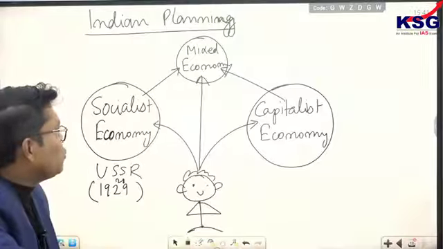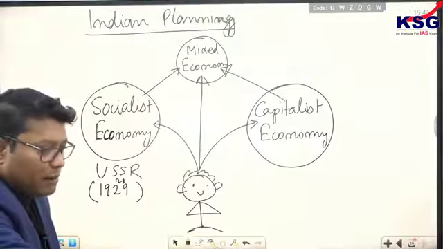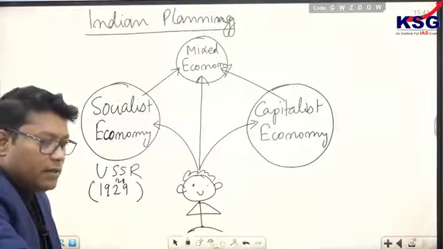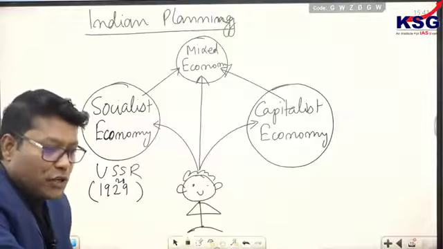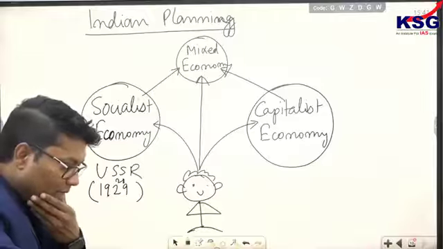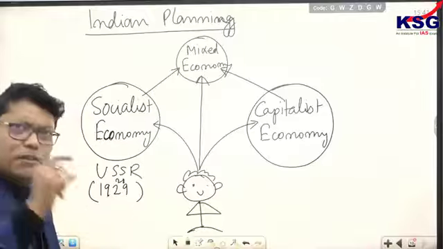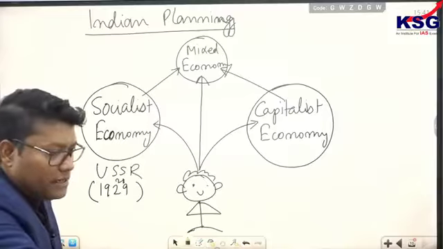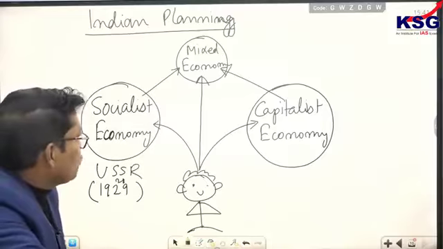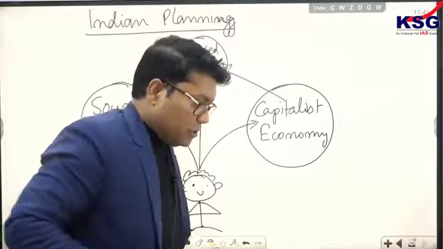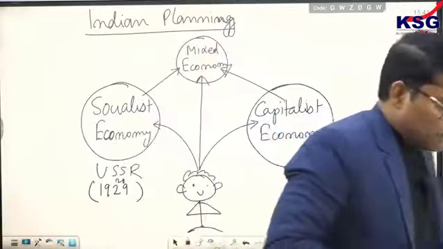So write a few lines about the socialist economy and the capitalist economy. Change the para and first write types of economic systems. I'm just briefing you, right? Every society has to answer three basic questions.